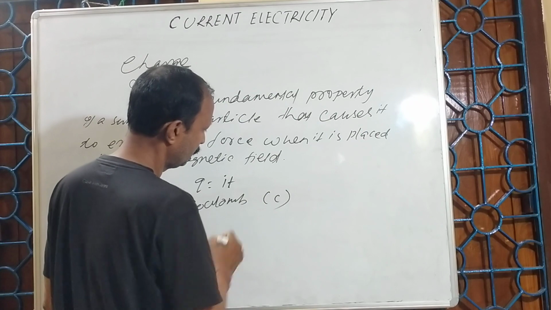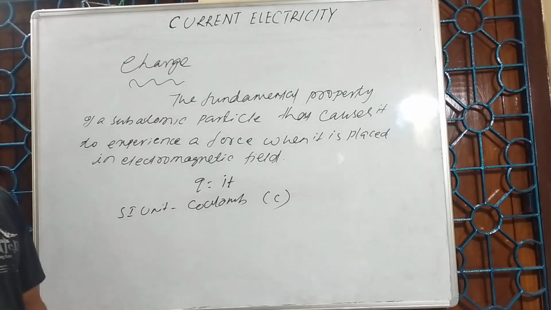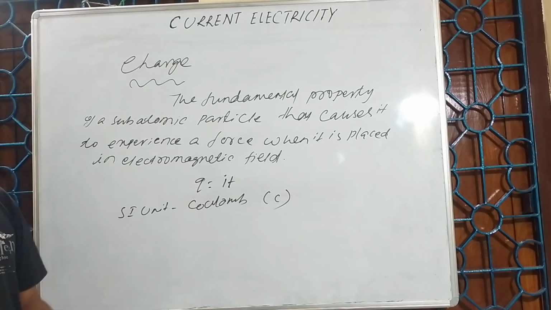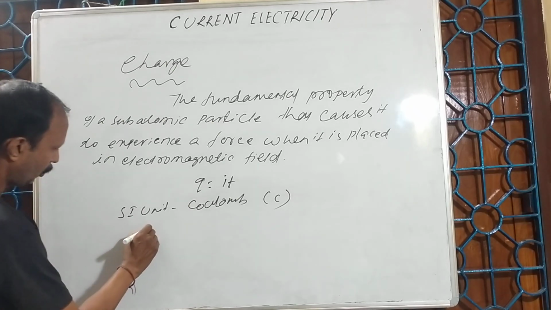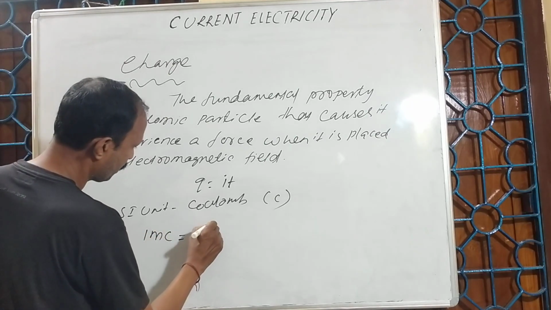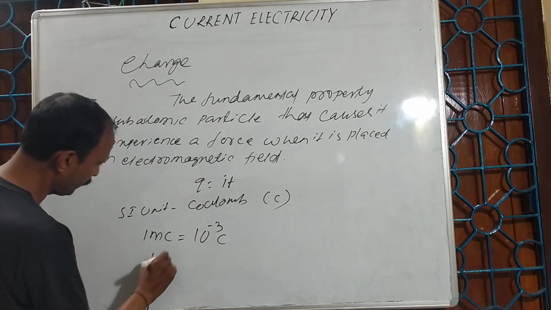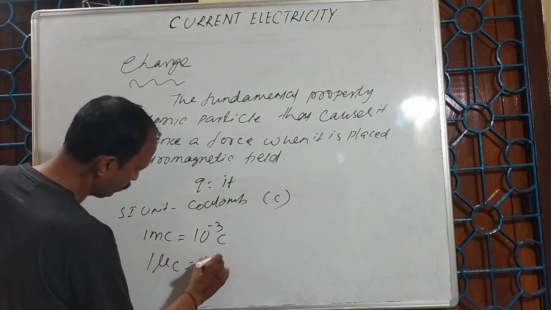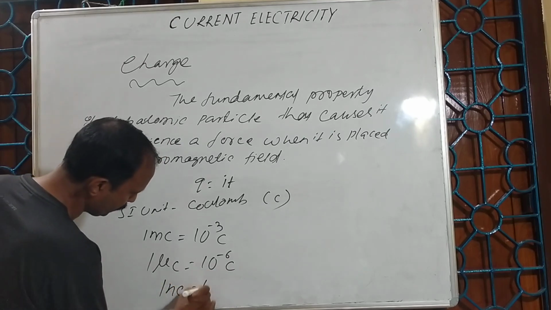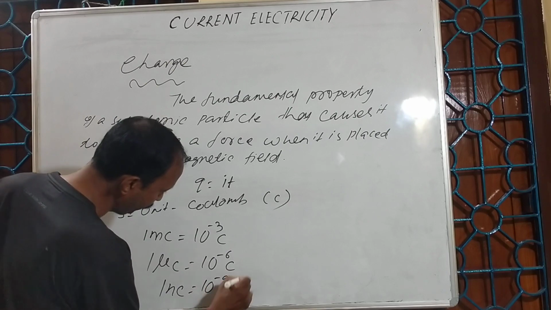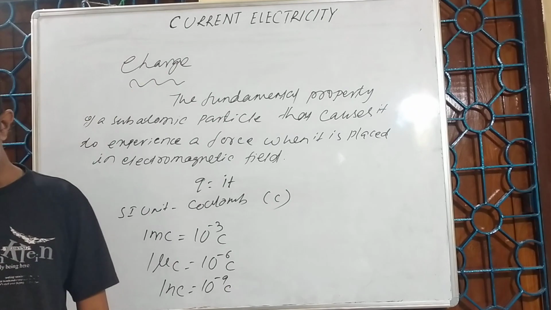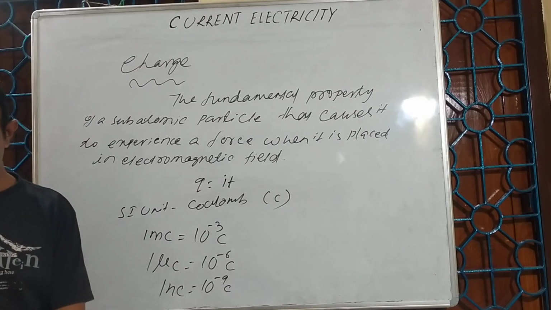Shortly we write C. It also has some other smaller units, like microcoulomb, millicoulomb. 1 millicoulomb is equal to 10 to the power minus 3 coulomb. 1 microcoulomb is equal to 10 to the power minus 6 coulomb. 1 nanocoulomb is equal to 10 to the power minus 9 coulomb. So the SI unit of charge is coulomb.